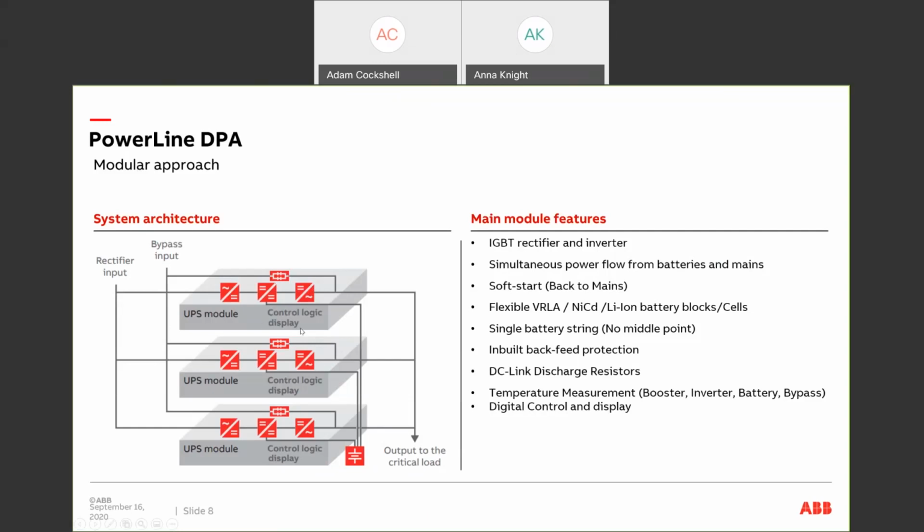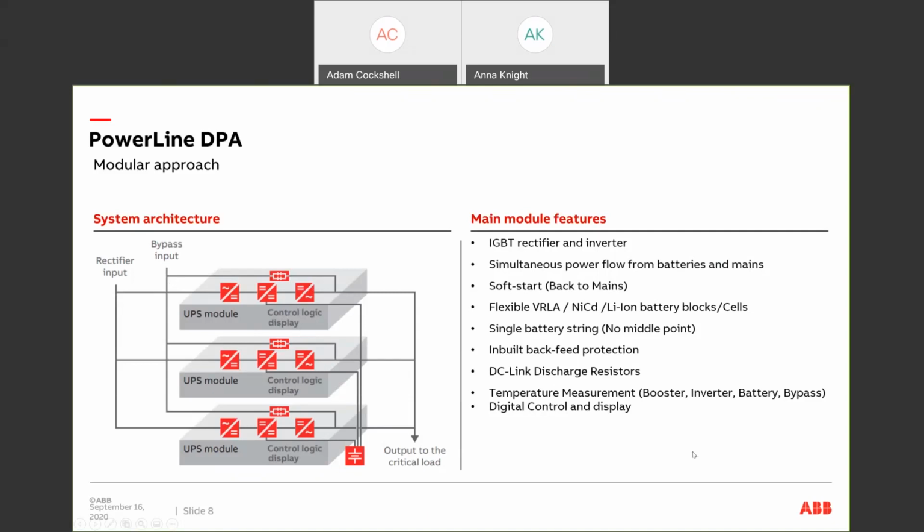Also, it has a control, display, and logic inbuilt to every module. Every module is a complete UPS. As you can see, it's paralleled on the input, parallel on the output, and we can either common up batteries or we can use individual batteries per module as well.